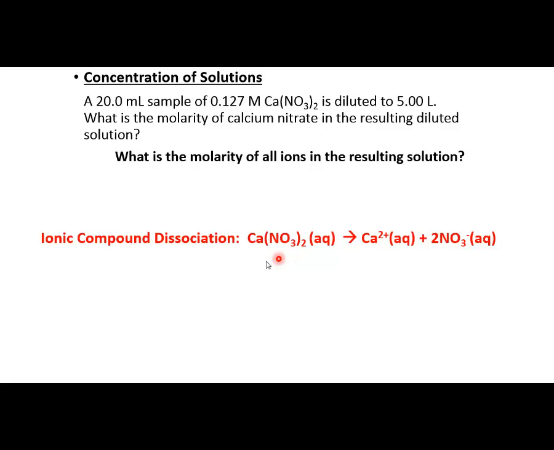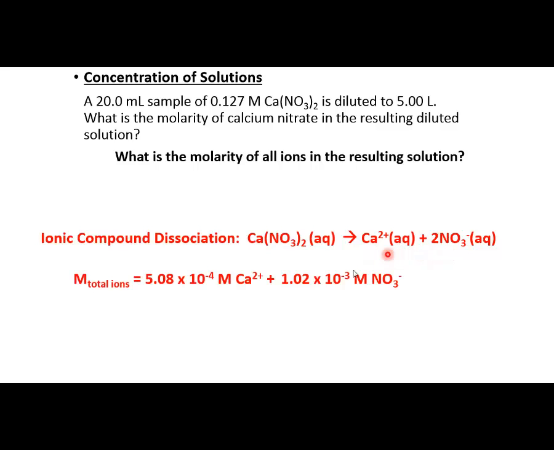Now, I need to recognize every formula unit of the calcium nitrate produces 3 ions. What I mean by that is it produces 1 metal cation for each formula unit and 2 nitrate anions. So since I just said all types of ions here, of all ions in solution, we can add up the molarity of the metal cations and add up the molarity of the nitrate ions.